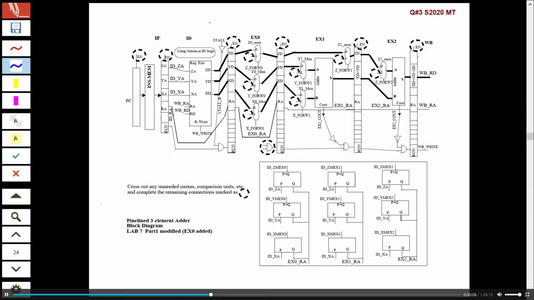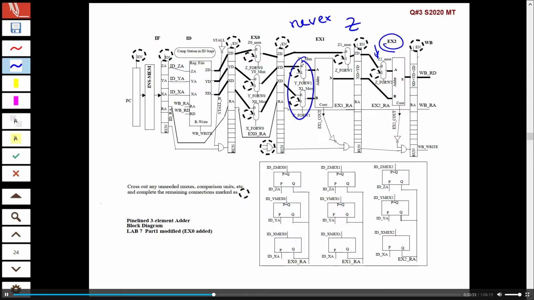Why? Because when somebody needs, this one is more demanding than this one. So let's talk about him. And by the way, Z can postpone his request all the way until EX2. So you never have to stall for Z here either.